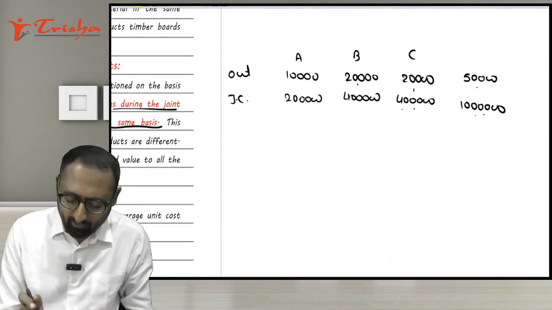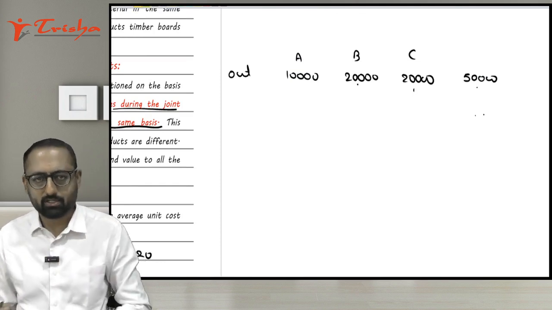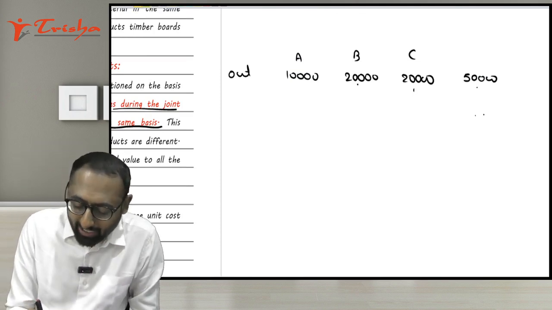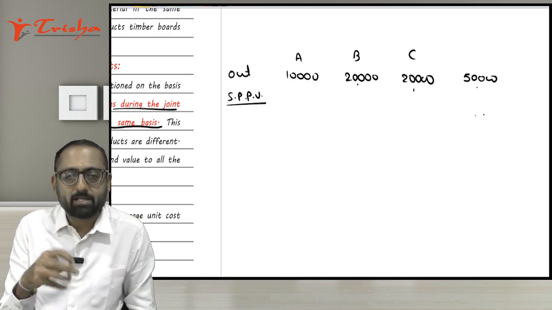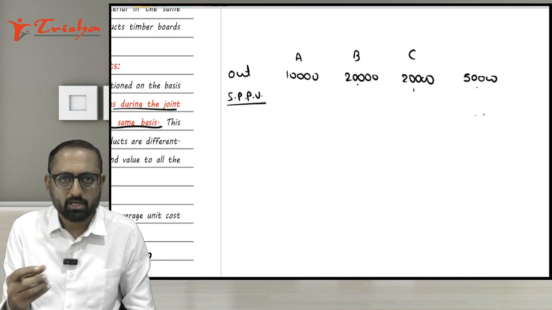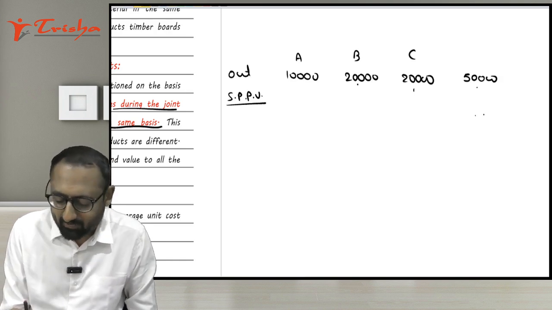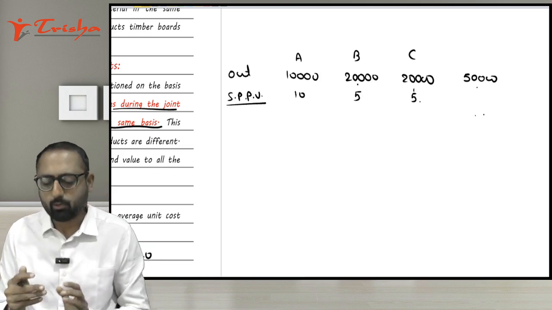Now let's take one example. You have been given the output 10,000, 20,000, 20,000. Total output is 50,000. And you have been given the selling price per unit, but the selling price should be the selling price at the split off without further processing. Suppose the selling price at the split off is 10 rupees, 5 rupees and 5 rupees.